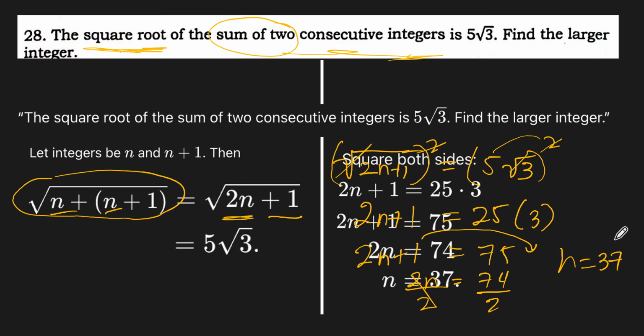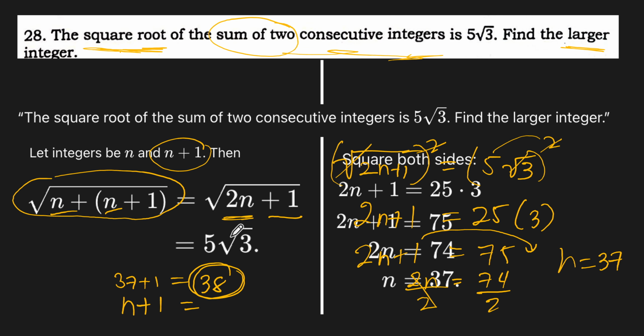The larger integer would be n plus 1, and our n is 37, so 37 plus 1 is equal to 38. The larger integer is 38.